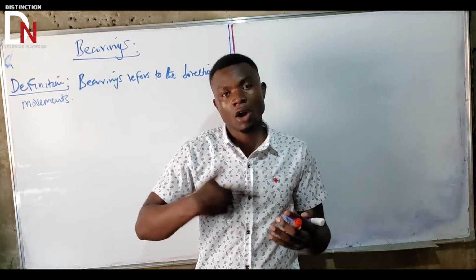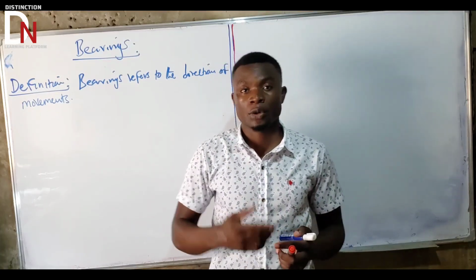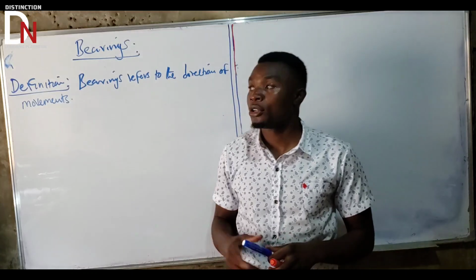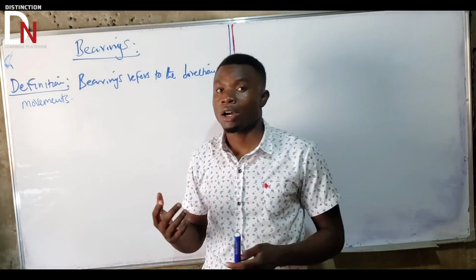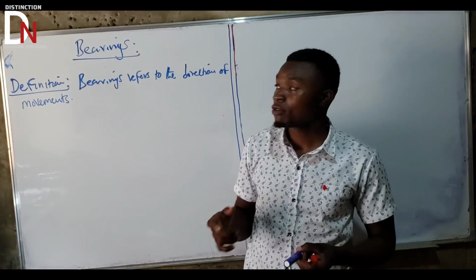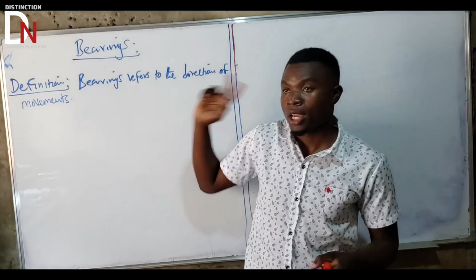We are talking about how something is moving or rather rotating. That is why it is very important for one to know the points which you are supposed to take note of under bearings.